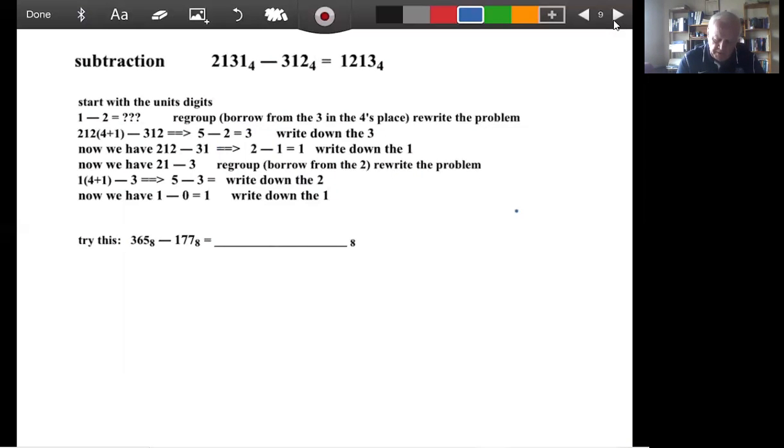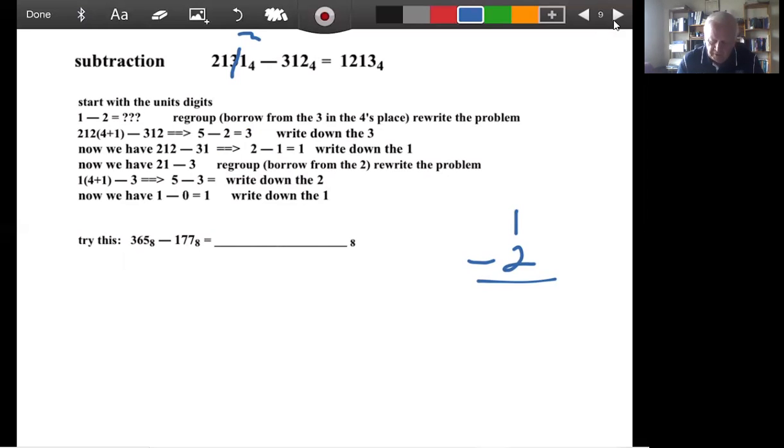We have a 1 subtracting a 2. Well, we all know that really technically can't be done. So what we're going to do is regroup. We're going to take this 3 and make that a 2.